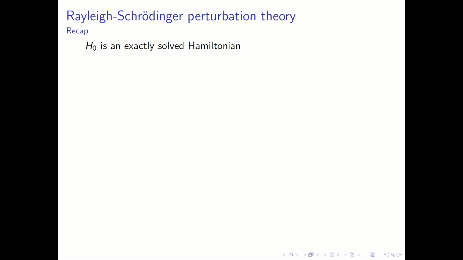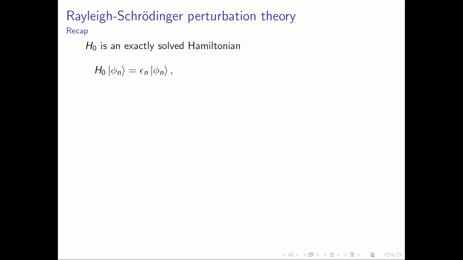We have H0, which is an exactly solved Hamiltonian in the sense that its spectrum, its eigenvalues and eigenvectors, are perfectly known. So, the eigenkets are phi n and the eigenvalues are epsilon n. It's assumed that we know all the eigenvalues and the corresponding eigenkets.